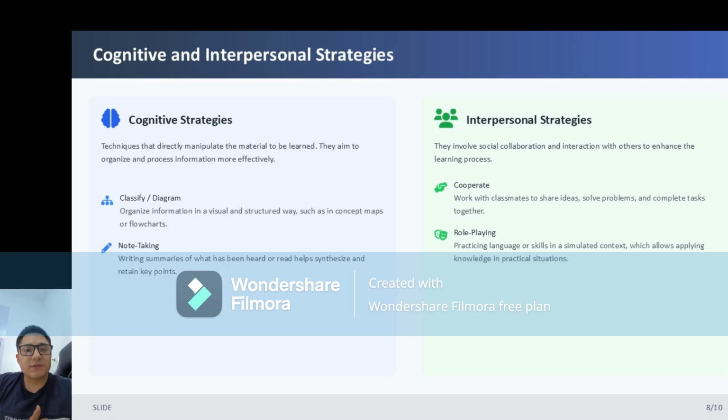Interpersonal strategies. These focus on social interaction to enhance learning. Cooperating: working with classmates to share ideas and solve problems. Role-playing and practice: simulating contexts and applying knowledge in practical situations.